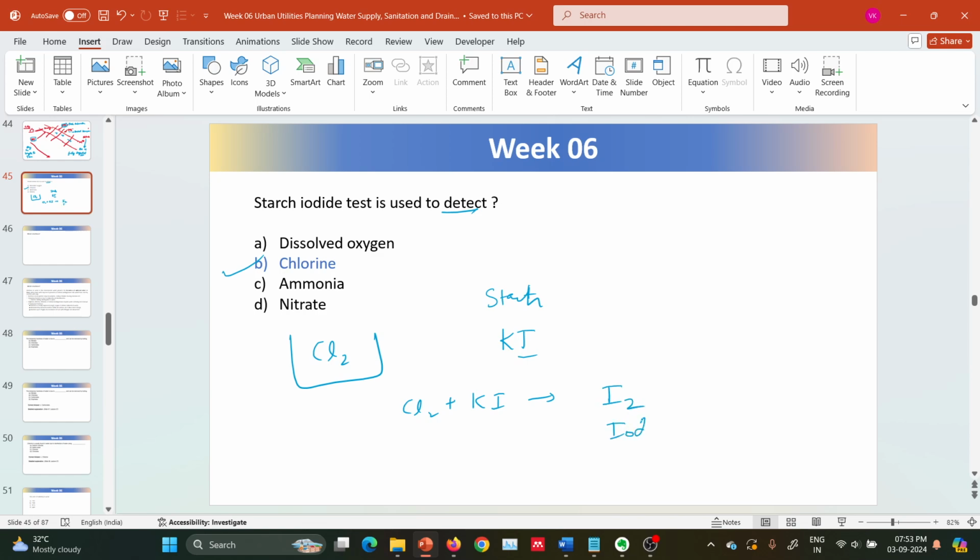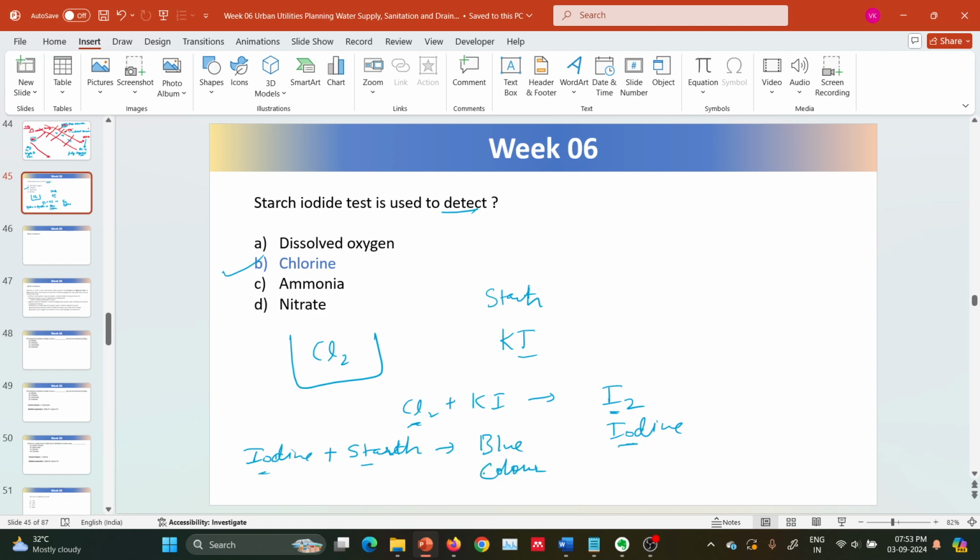This is called iodine, and this iodine plus starch. If we have more chlorine, we will get more iodine, I2, and more iodine will react with starch and give us blue color.